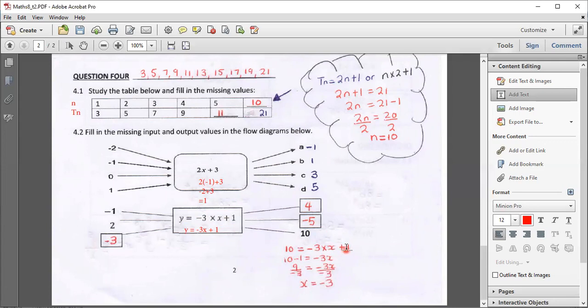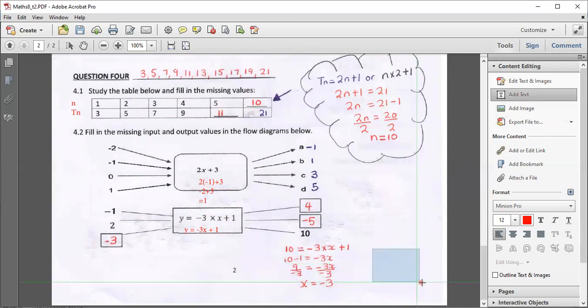If it's +1 here, to get rid of it we have to subtract 1. So we subtract 1 here as well. 10 minus 1 is 9. Now, because we need to find x, we need to get rid of the -3. So we divide by -3 on both sides, which means x, your final answer, is equal to -3.